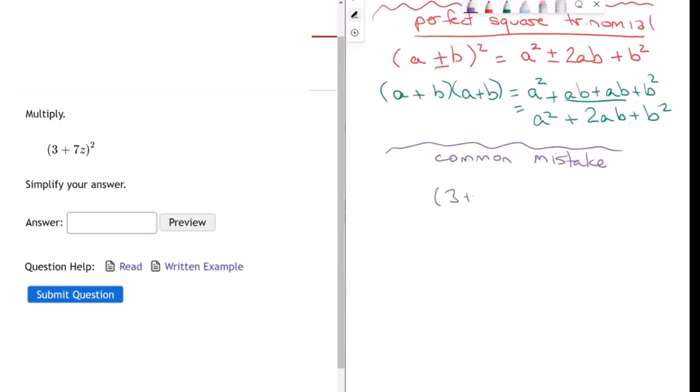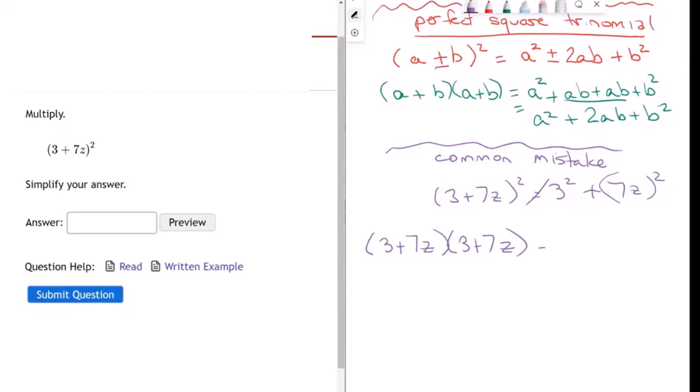3 plus 7z squared equals 3 squared plus 7z squared. That's not true. You can't distribute the square. What this equals is 3 plus 7z times 3 plus 7z. Remember, the exponent always acts on what it's next to.